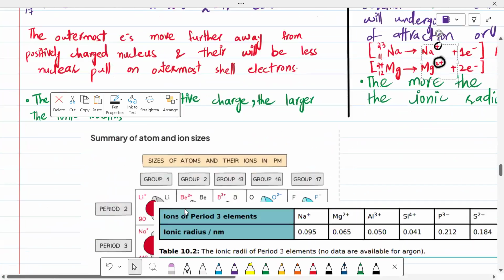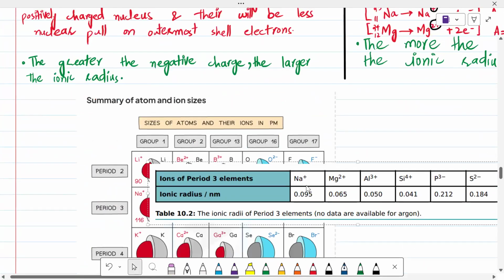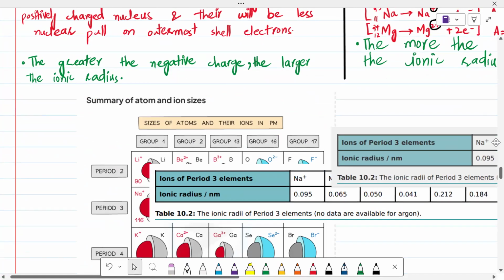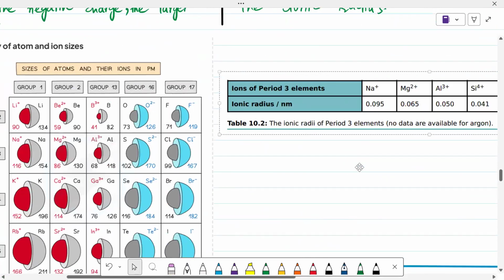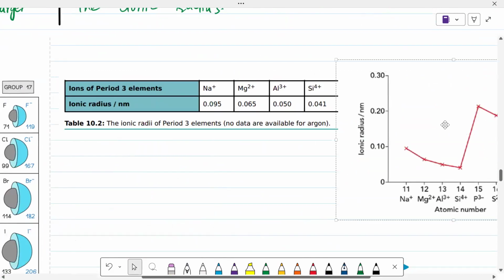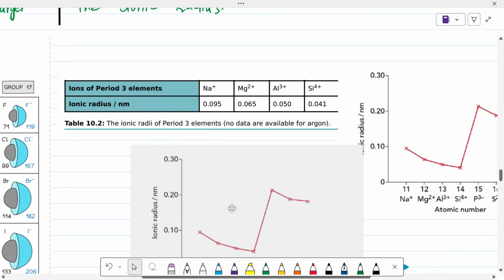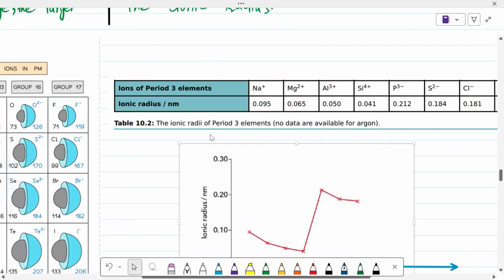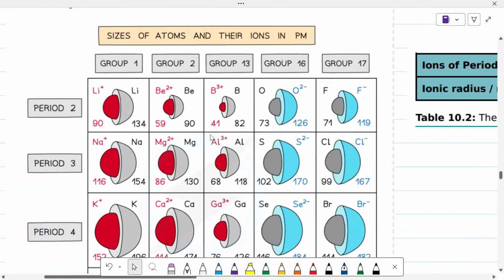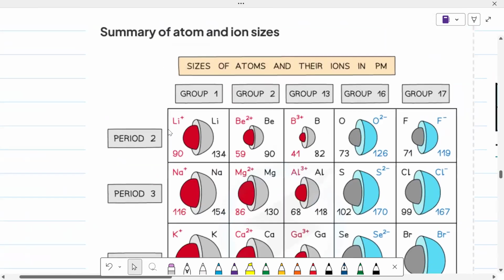And if you see this diagram, this is the original lithium, the gray color, and this lithium ion is with red color. So you see now the lithium ion's radius is reduced.